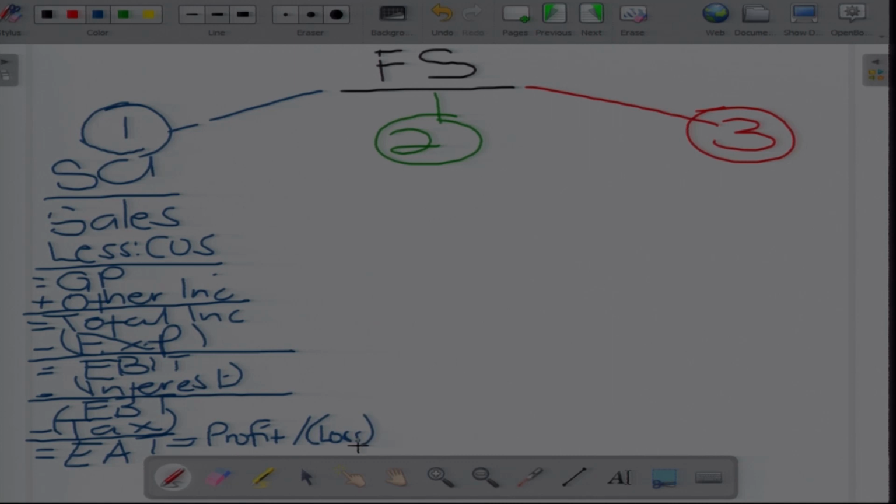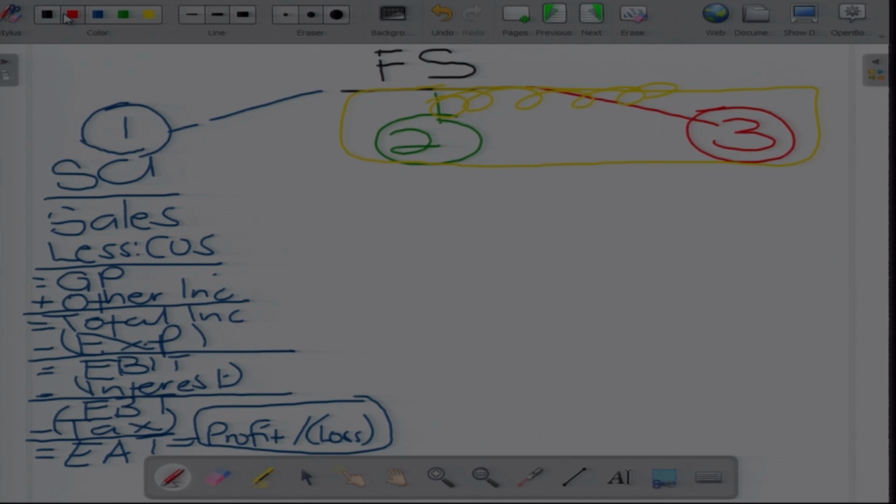Now I would suggest to do this first, right? Why? Because you're going to need this amount in the other statements. Now I'm going to incorporate these two statements together. Let's incorporate. So I'm going to make this one statement. Now, what is it that you need to go and look for in the statement of comprehensive income?